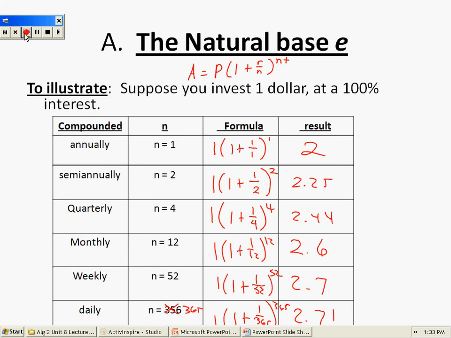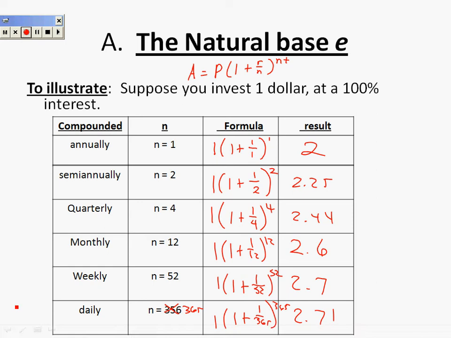Go for it. So here's the point of our doing this. Besides giving you more practice with your calculators and knowing how to use the compound interest formula, notice it starts at 2. Then it goes up to 2.25 for 2 compounds. For 4 compounds, 2.44-ish. For 12 compounds, 2.6-ish. And these numbers just keep on going. Now let's look at the last number there, 2.71.